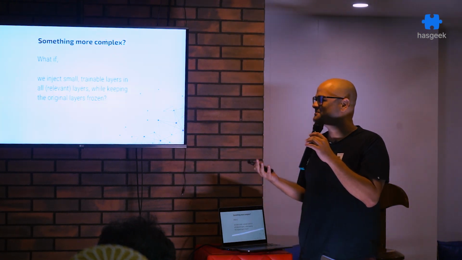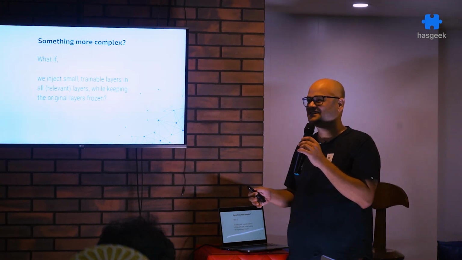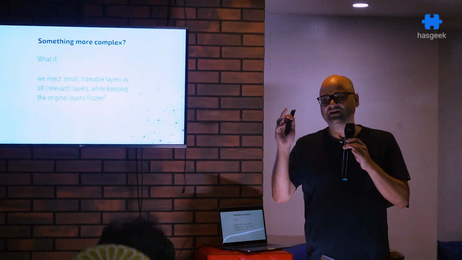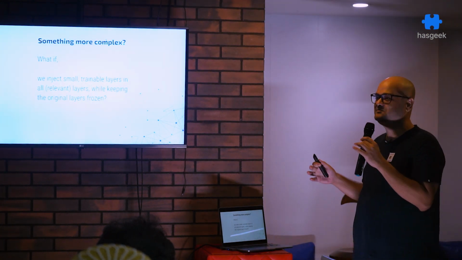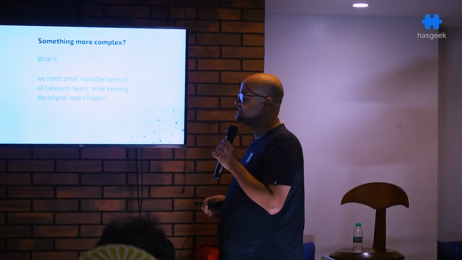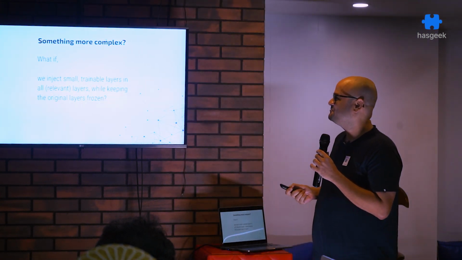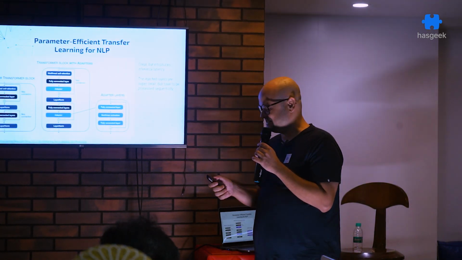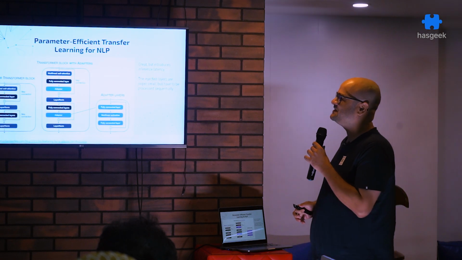You have, let's say, something like convolution, then max pooling, and then whatnot, right? In the middle of all that, somewhere you keep adding very small tunable layers, and keep them really, really small in size, and then fine tune that. Is that going to work? I mean, as you can guess, the answer is yes, and it is in fact one of the leading approaches right now.